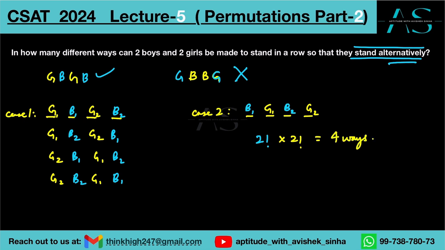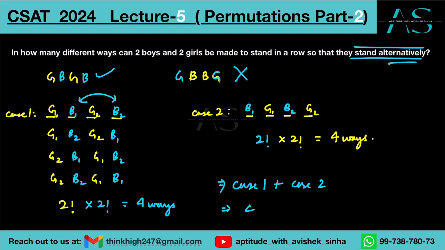And here also you have seen the answer would have been 4. Again, the girls can be arranged in 2 places in 2 factorial ways. The boys can be arranged in these 2 positions only, and they can be arranged in 2 factorial ways. So this is 4 ways. What should be the correct answer? Case 1 plus case 2. What is the final answer? 4 plus 4, which is 8 ways.